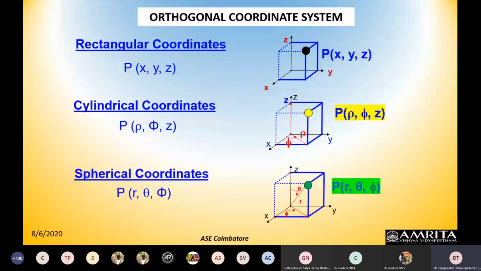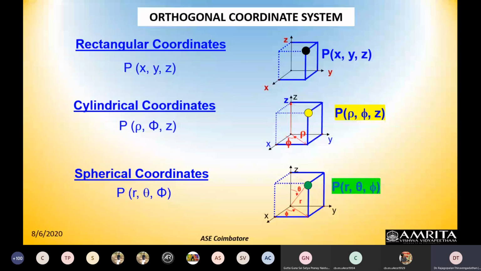The second coordinate is going to be theta, as mentioned here. This is the point shown in green, the point (r, theta, phi). Here r is the radial distance, or the radial vector to the point from the origin, and theta is the polar angle, defined as the angle made by this radial vector with the z-axis.